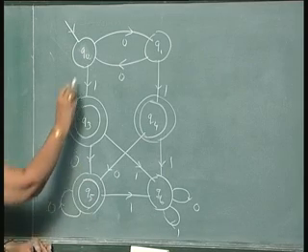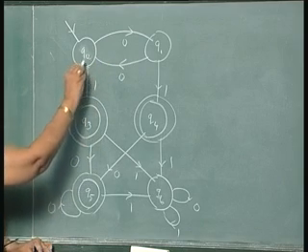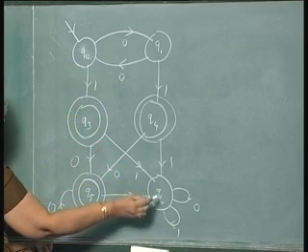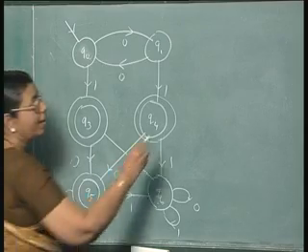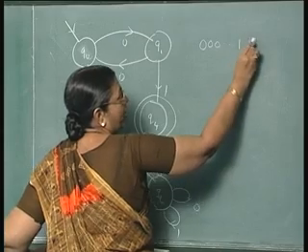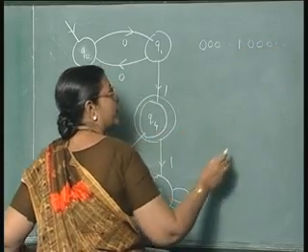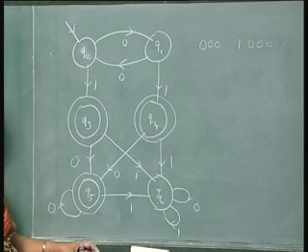But if a string does not contain a 1, it will not be accepted. If it contains 2 or more ones also, you go to Q6 and it will not be accepted. So, the set of strings accepted will be a sequence of zeros with 1 followed by a sequence of zeros. Just 1 alone can also be accepted.